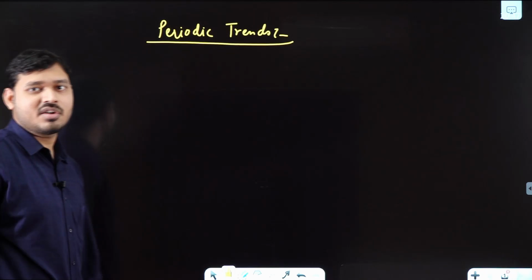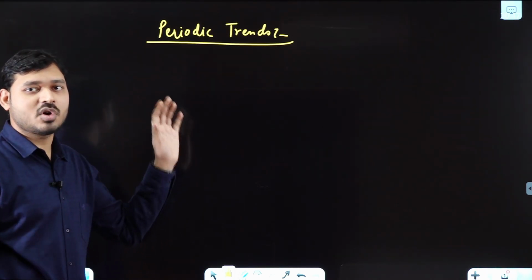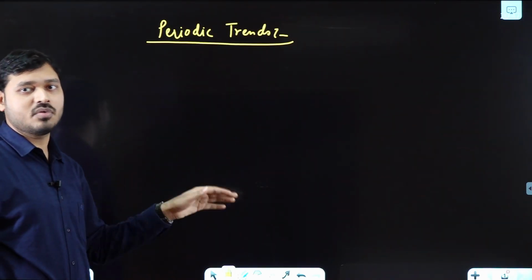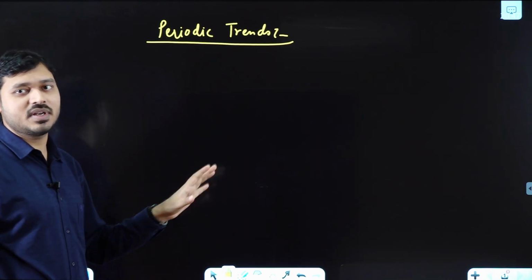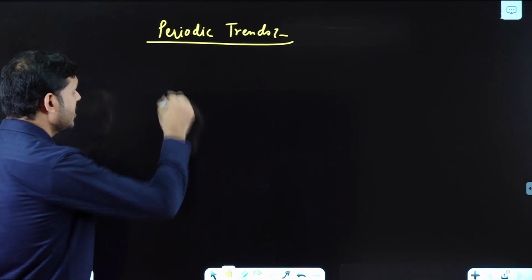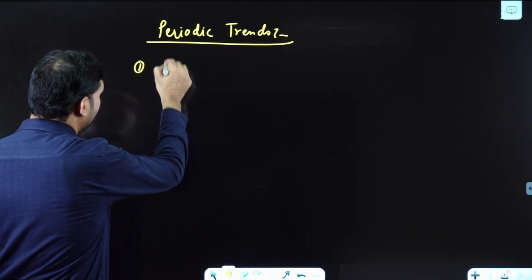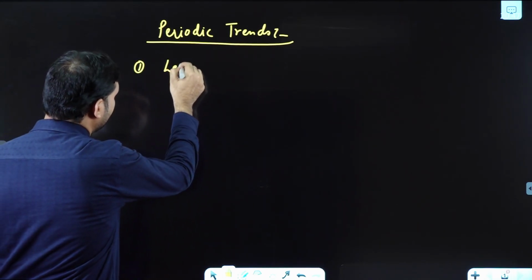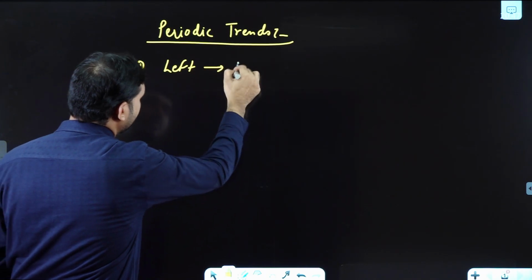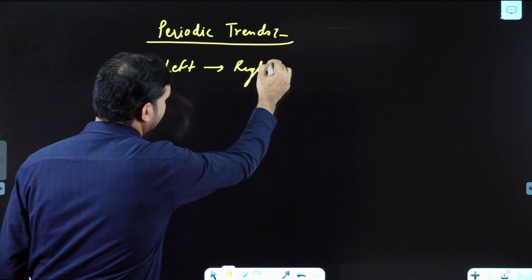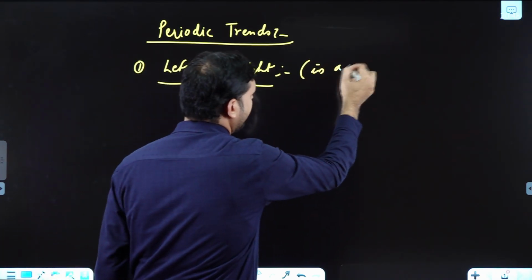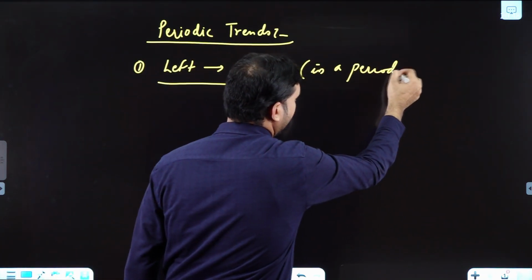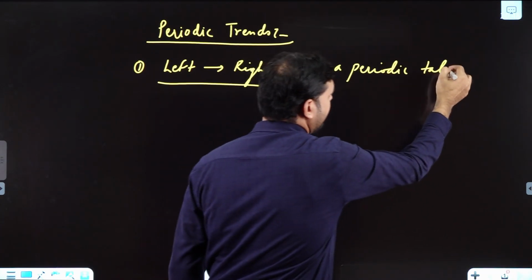Periodic trends. Now let us understand what happens on moving left to right or up to down in a group or in a period, and what happens to nucleophilicity and basicity. Okay, so in periodic trends, first of all I am talking about moving left to right in the periodic table.